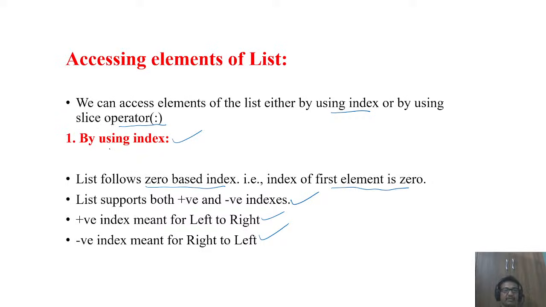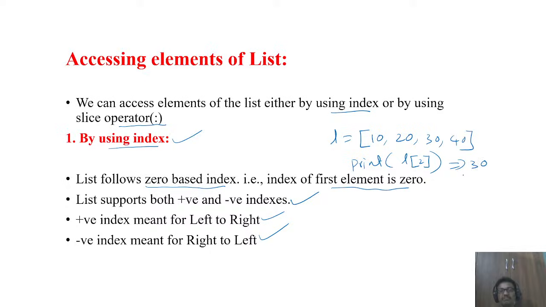Like we discussed using the index operator, assume that I have a list like 10, 20, 30 and 40. If you print a particular element by index, like L of 2, this index operator you can use. So this prints 0, 1, 2, means 30 it prints. Negative index also we can use in this.